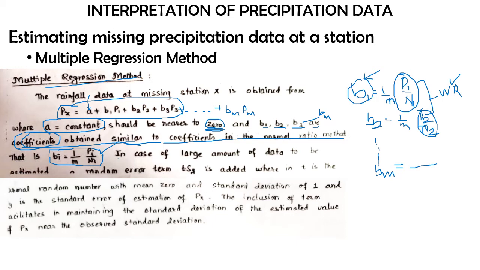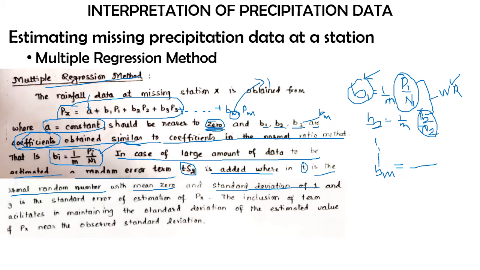Now the next sentence: in case of a large amount of data to be estimated, an error term TSY is added, where T is a normal random number with mean 0 and standard deviation 1. So what do you mean by this? Imagine for calculating Bm, this m value is, let us say, 100.